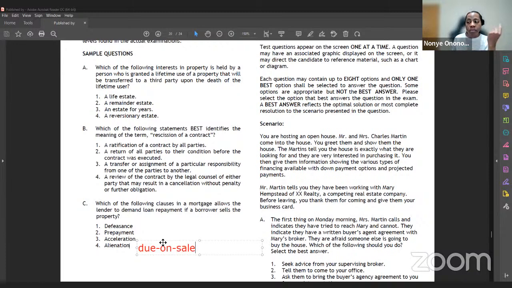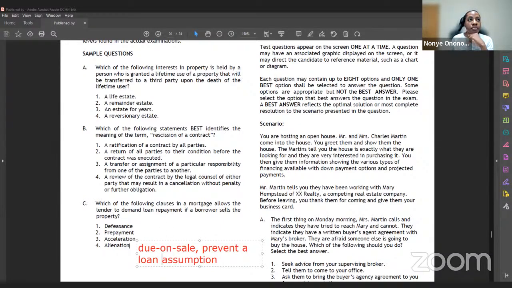What this does is it prevents a loan assumption, meaning the buyer cannot take over the seller's loan. The seller pays off their loan and the buyer gets a fresh loan with their own interest rate and everything. So this is the national portion.